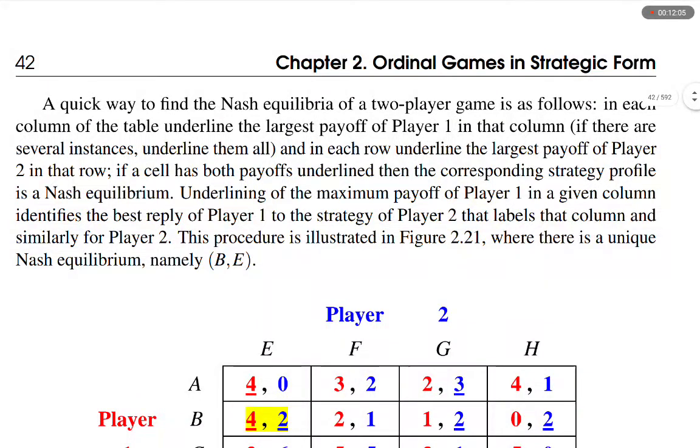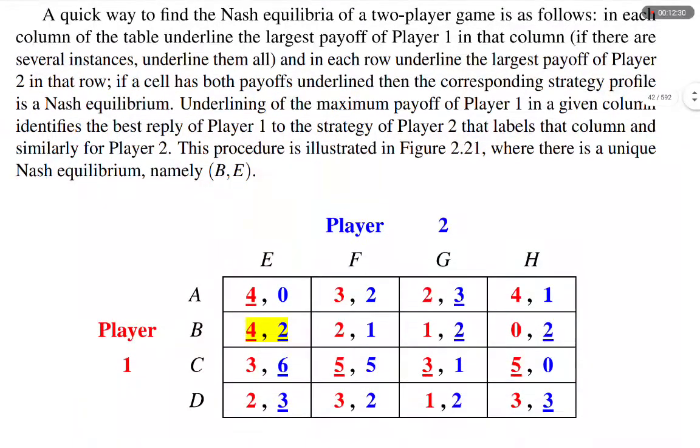A quick way to find the Nash equilibria of a two-player game is as follows. In each column of the table, underline the largest payoff of player 1 in that column. If there are several instances, underline them all. And in each row, underline the largest payoff of player 2 in that row.